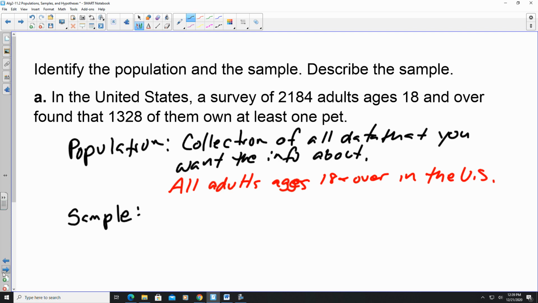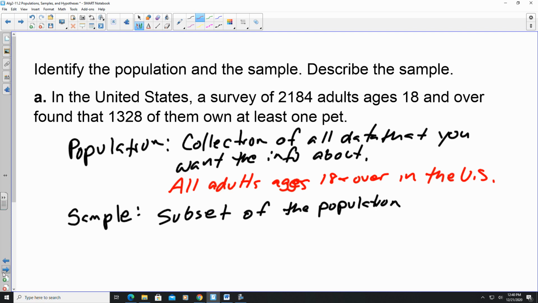Now, a sample is a subset of the population, because you're not going to survey everybody that meets that criteria, you are going to be looking at a sample set, a subset of this.